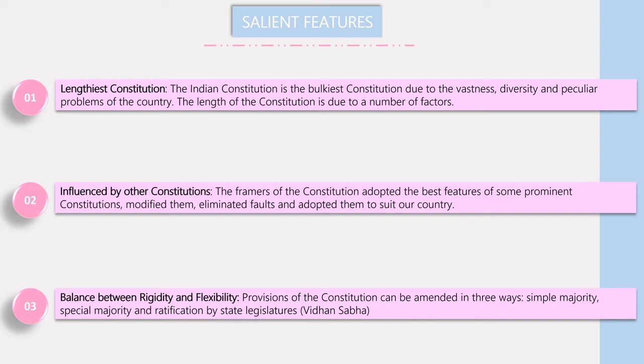First, some provisions can be amended by a simple majority as it is required for ordinary legislation. Second, some provisions can be amended by a majority of the total membership of the House and by a majority of not less than 2/3 of the members of that house present and voting.